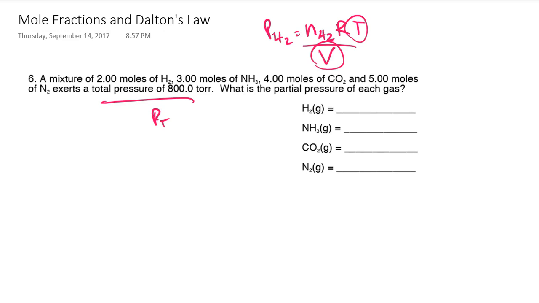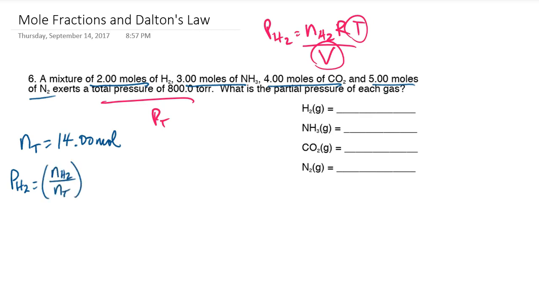And so if I add up the moles of hydrogen, moles of ammonia, moles of carbon dioxide, and moles of nitrogen, basically that means that my total number of moles is 14 moles. Okay, that's important because if I want the partial pressure of hydrogen, I would need the mole fraction of hydrogen, so number of moles of hydrogen over the total moles times the total pressure.